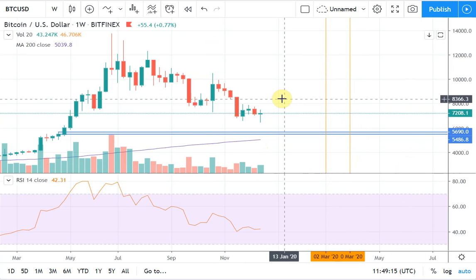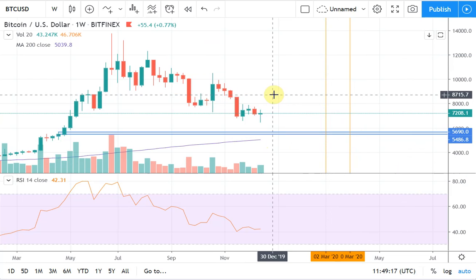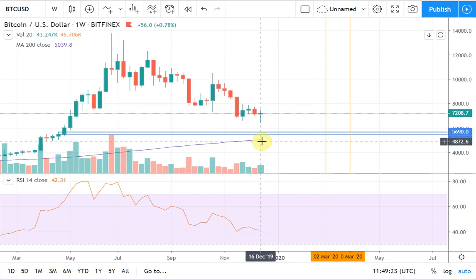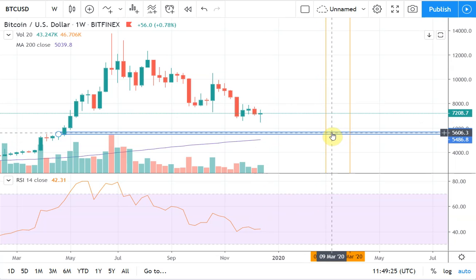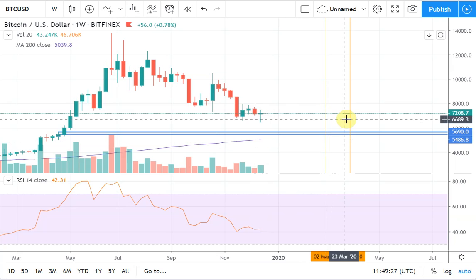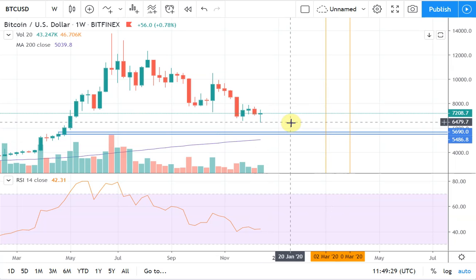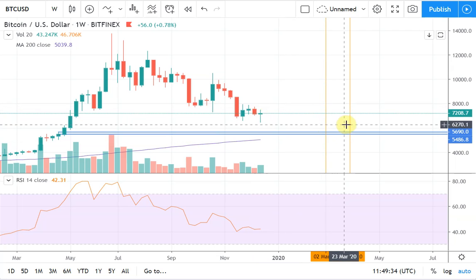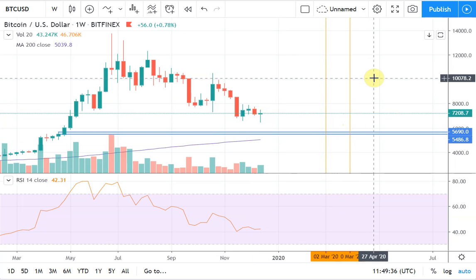If we get a higher average between here and now, it could come in slightly earlier, no earlier than the 24th of February, with the 200 MA entering the 5,500 price range where we would be looking for support. But if the average is lower between now and March, then it'll be more towards the back end of March.